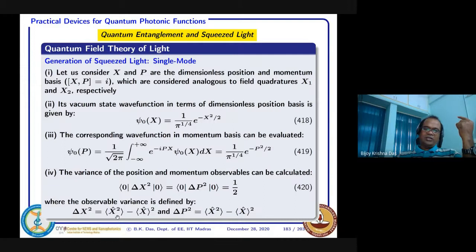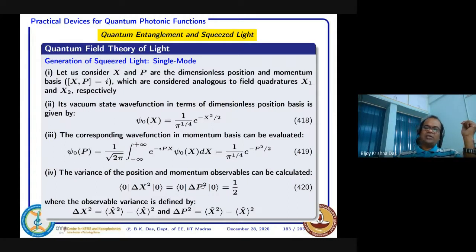Now if I try to get this value first: the expectation value of x squared, and then the expectation value of x, which is then squared. Same way for momentum. With this expression, I try to solve this one. Here the 0,0 means psi 0 of x, and the other 0,0 means we are considering psi 0 of p.